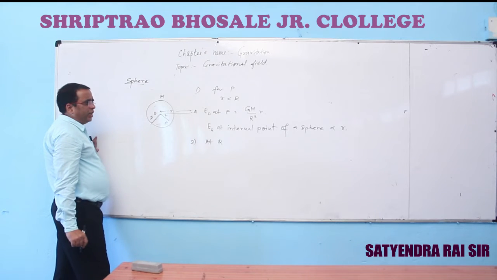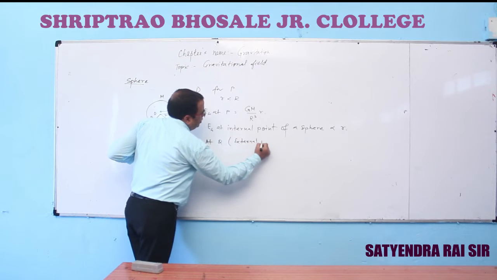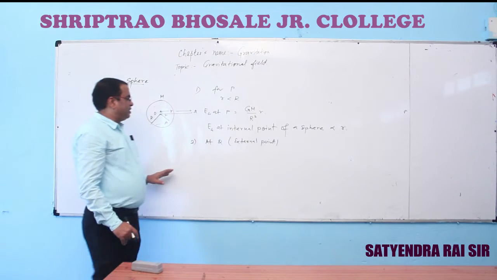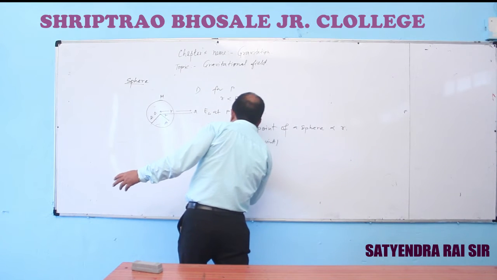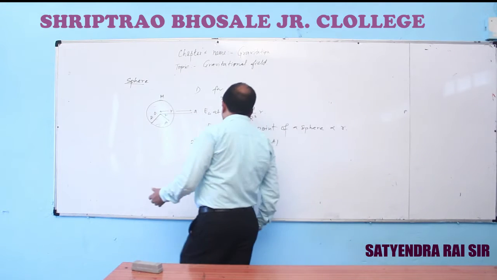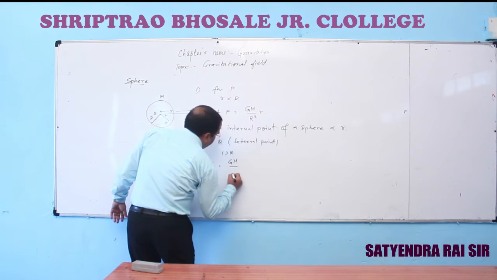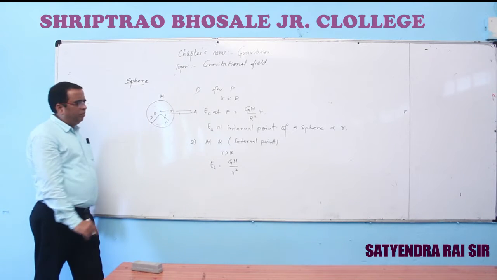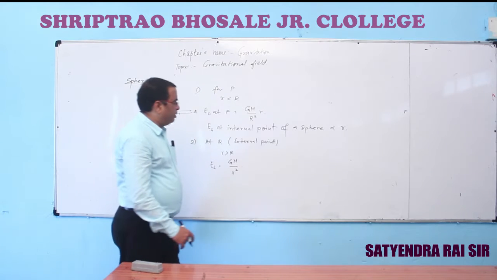This Q lies outside, at an external point, so r is greater than capital R, and Eg will be equal to Gm by small r square. But please remember, all fields are directed inward, so in vector form you have to use the minus sign.